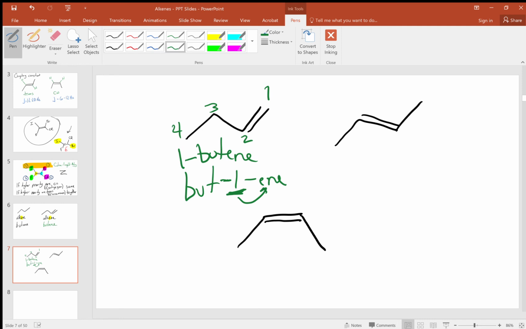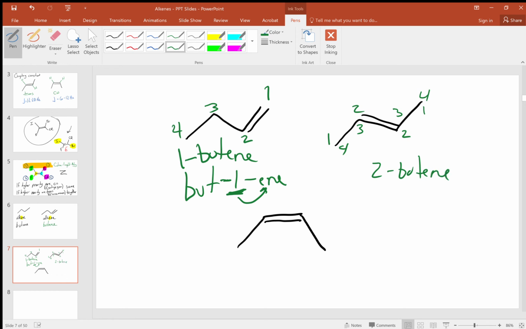So how would we name these other 2? Well, these other 2, it's not going to matter which direction we number them from, because the alkene is exactly in the middle. So this is 2-butene.